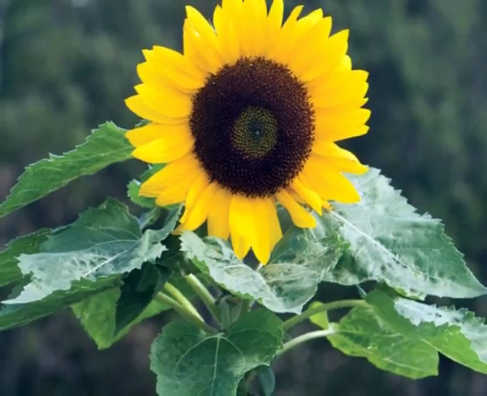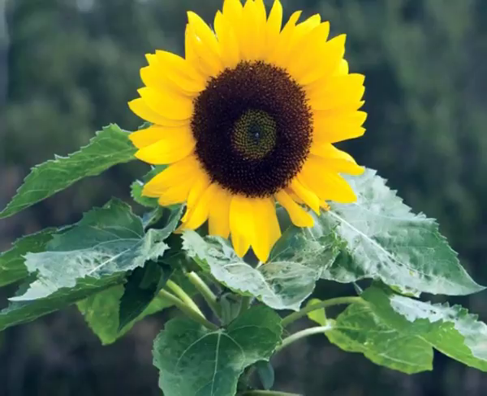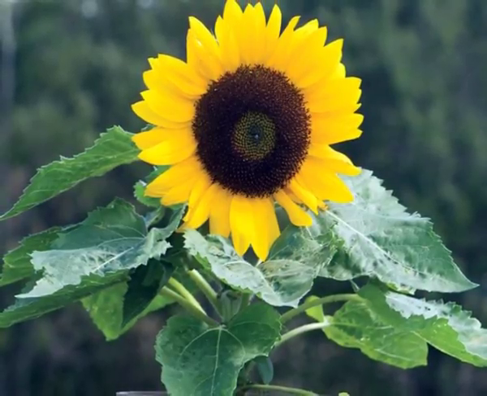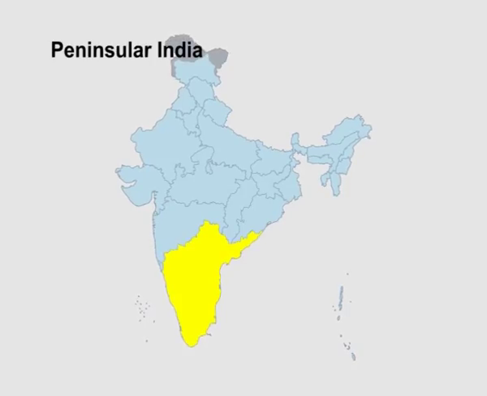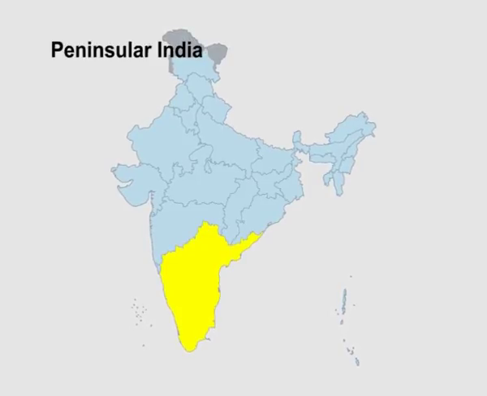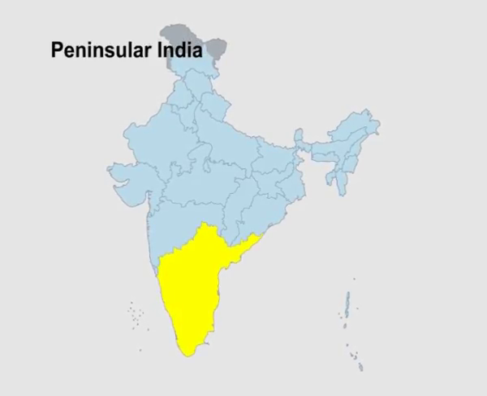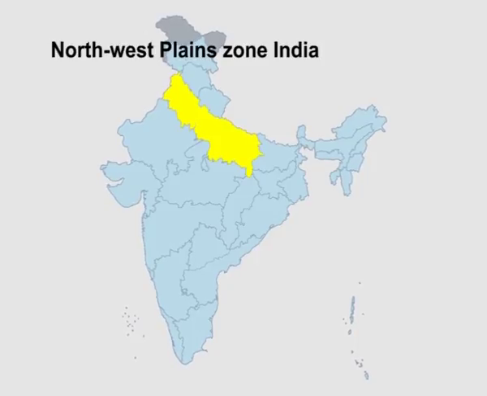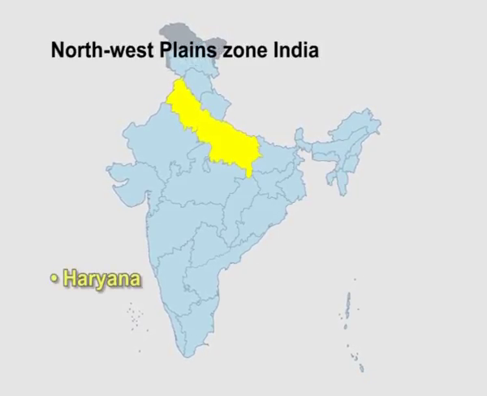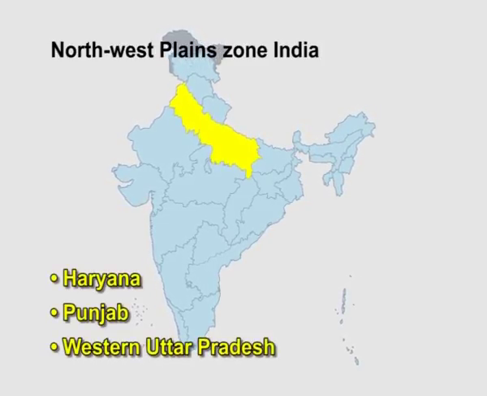The amount of linoleic acid decreases with high temperatures at maturity. It is grown throughout the year in peninsular India but largely confined to spring season in northwest plain zones of Haryana, Punjab, western Uttar Pradesh.